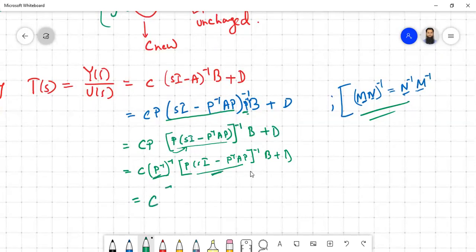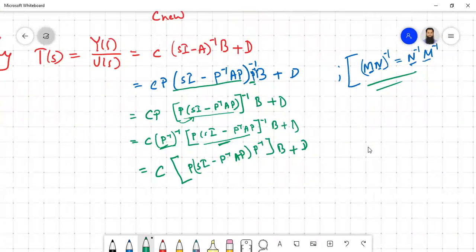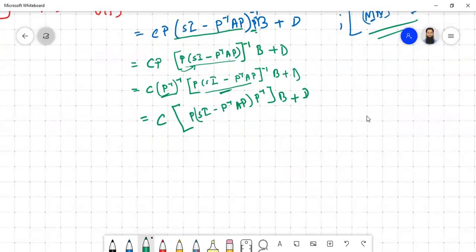So the whole thing is basically P (sI minus P inverse AP), then you have P inverse, then you have B plus D. The same identity we have to use twice to simplify the thing.